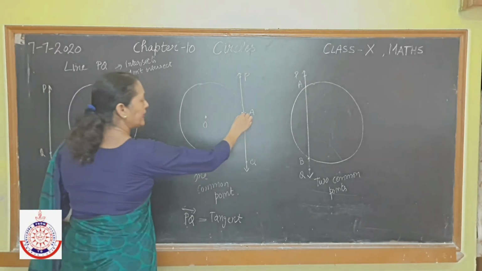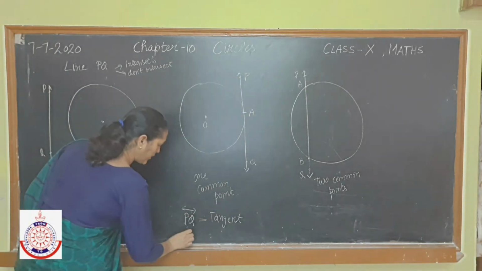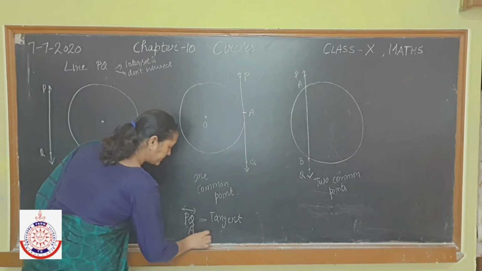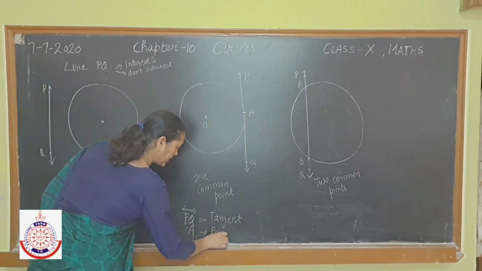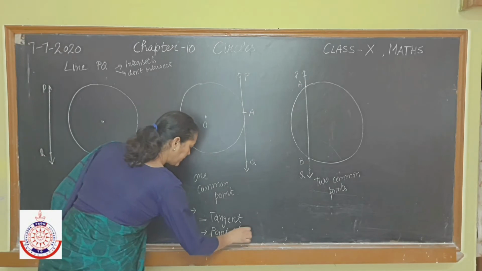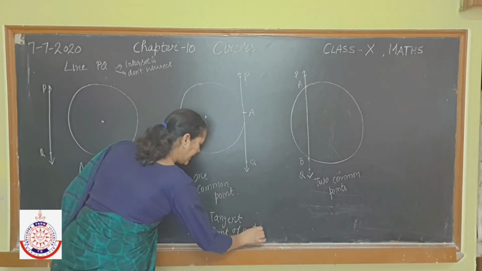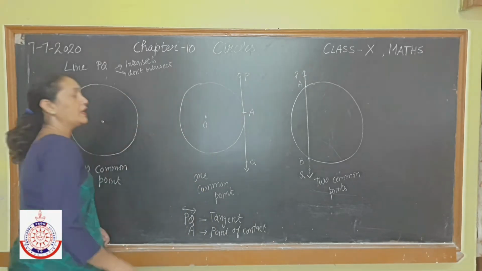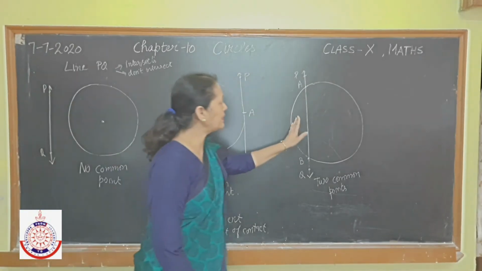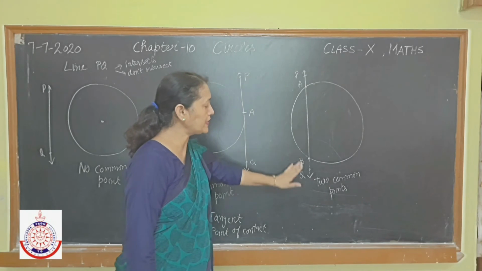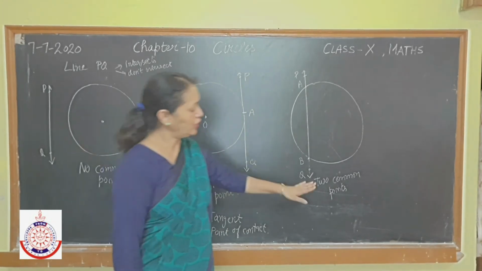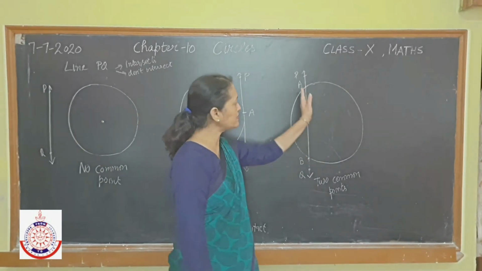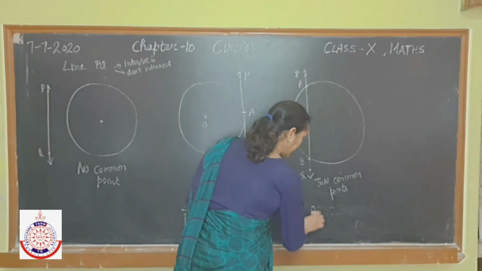And this point A is called the point of contact, where the circle and the tangent are meeting. And here, when the circle and the line are meeting at 2 points, they are having two common points. In this case, PQ is called secant.